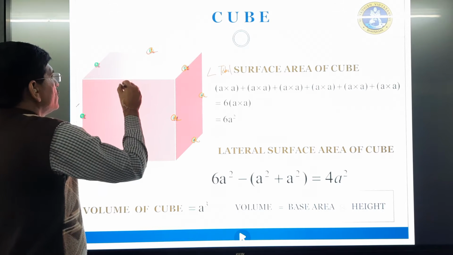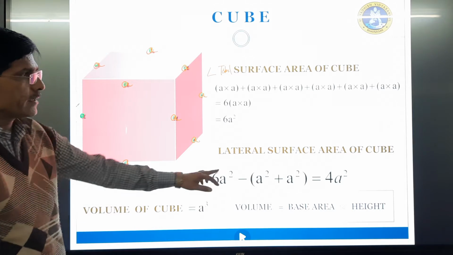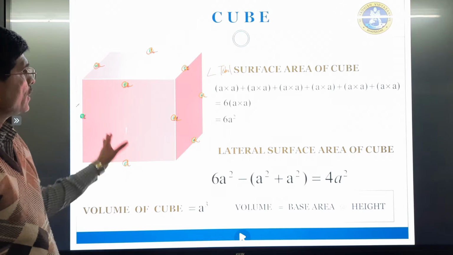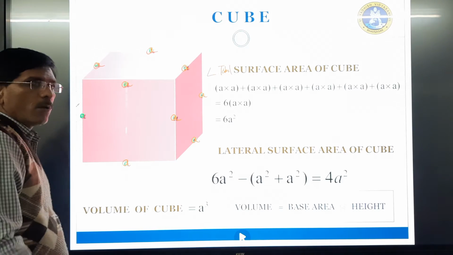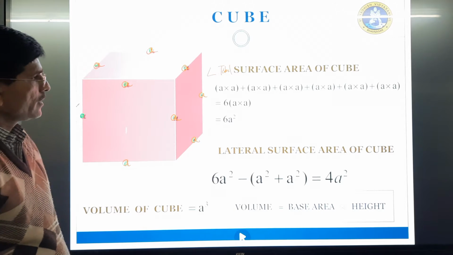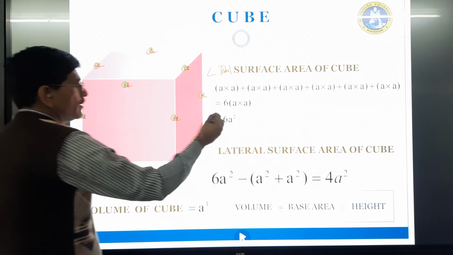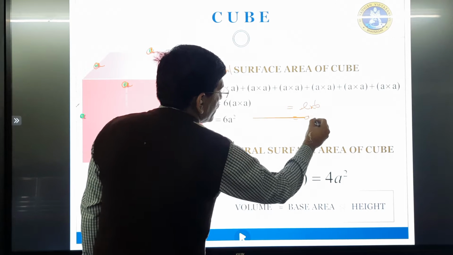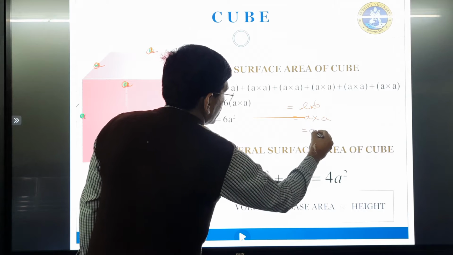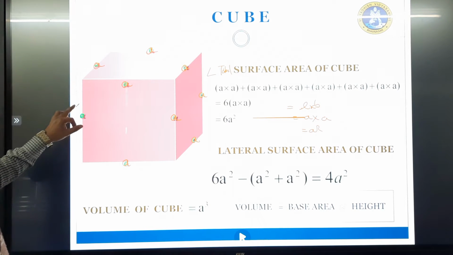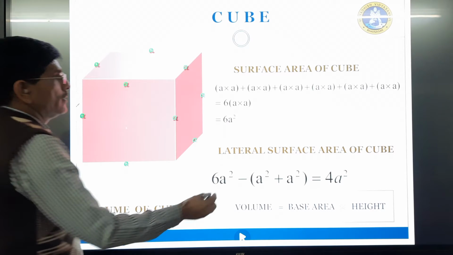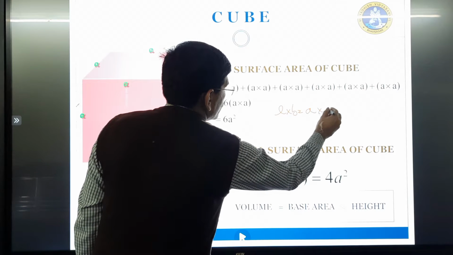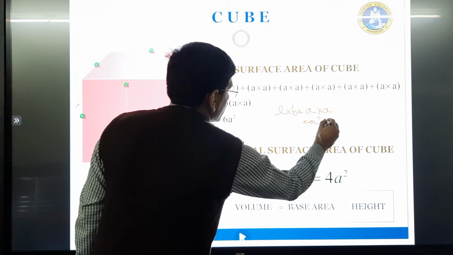To find the total surface area, 6 faces are there, in a cube there are 6 faces. The area of a rectangle is L into B, so here A into A, that is A square.